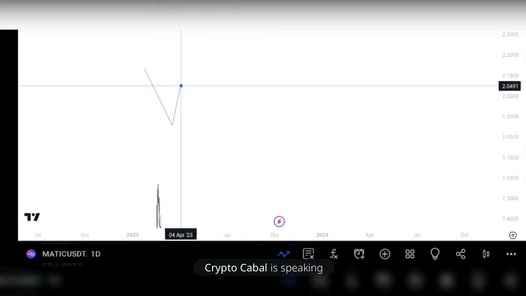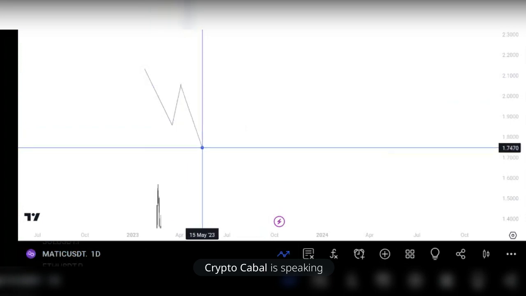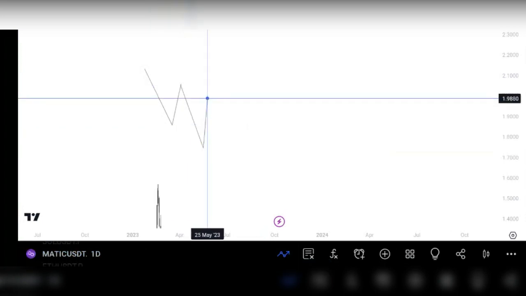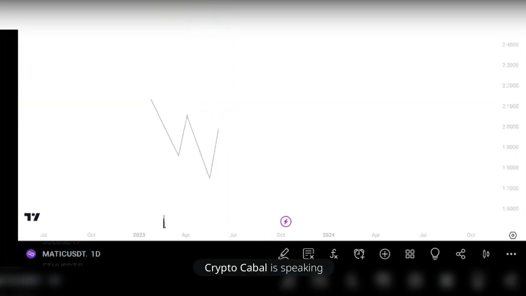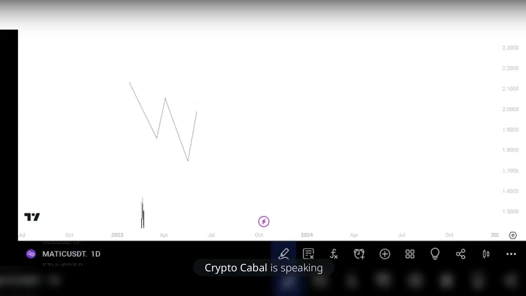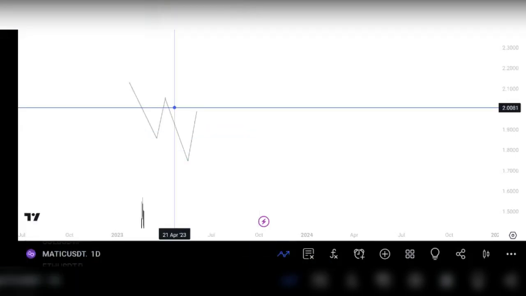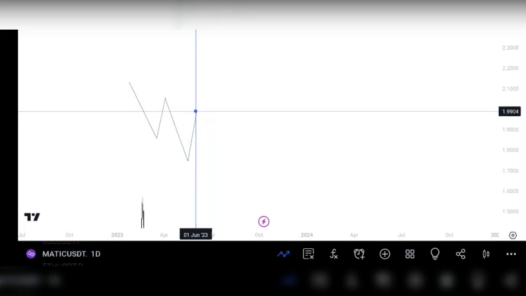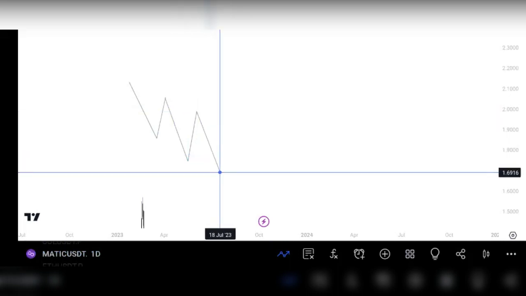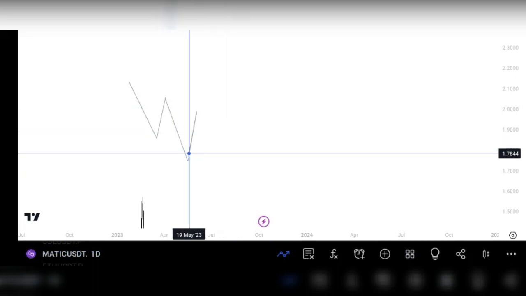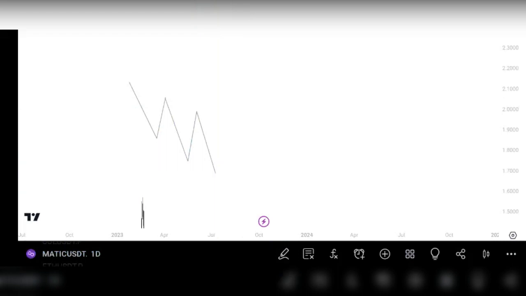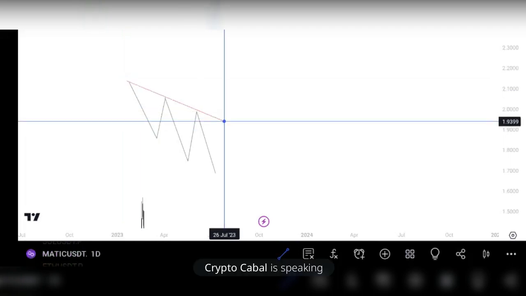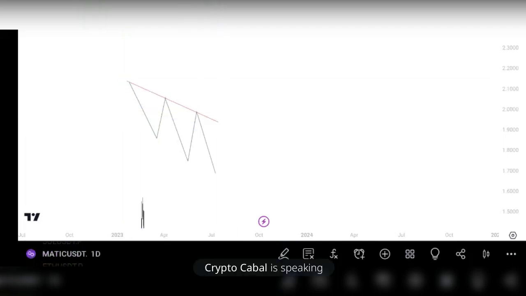Let's say we have something of this nature, and I want the line to be accurate. Now we have something like this. It's called a trend line liquidity.